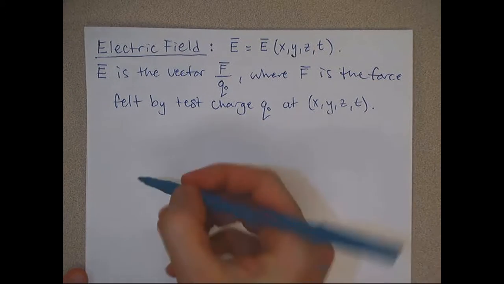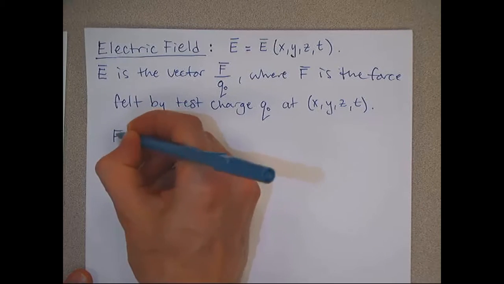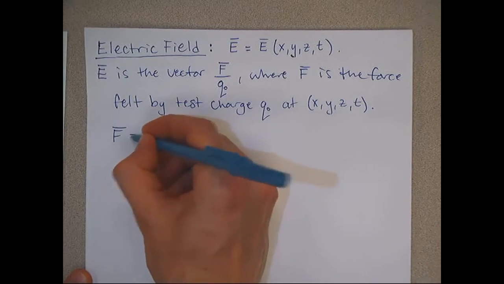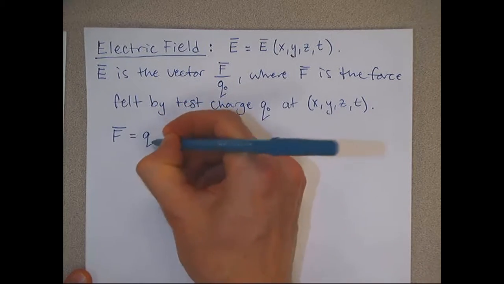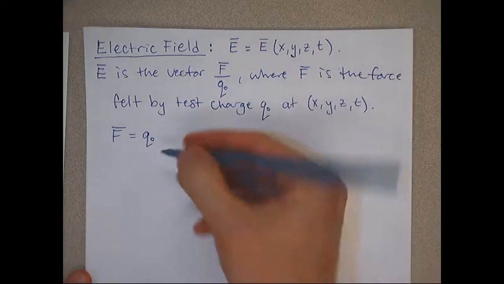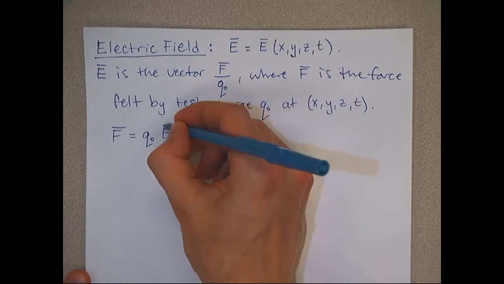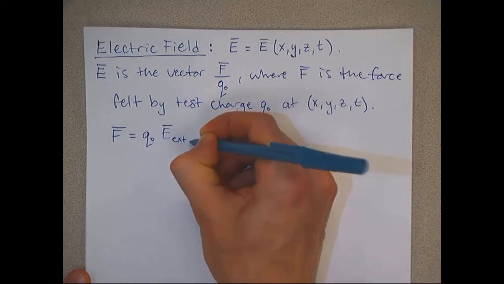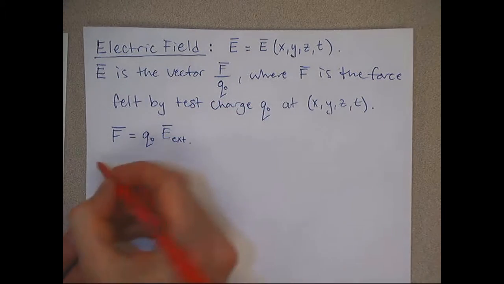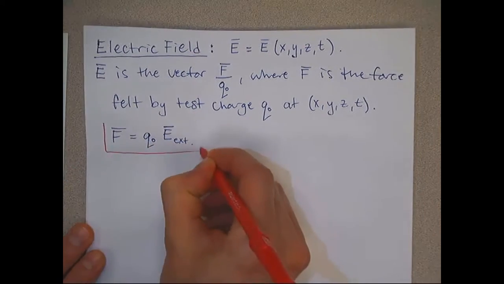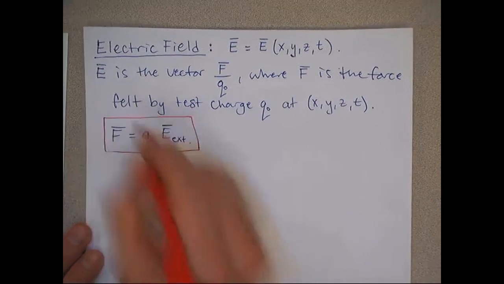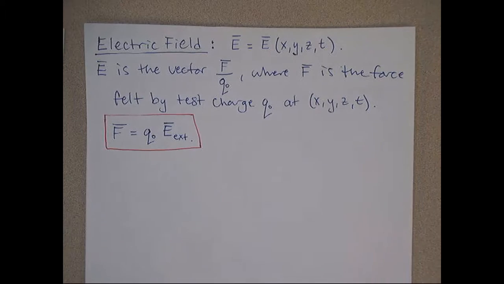So we usually see this rewritten in a problem-solving context. We might ask you, what is the force that a charge feels in an external electric field? So this F equals QE is really your second main equation after Coulomb's law.